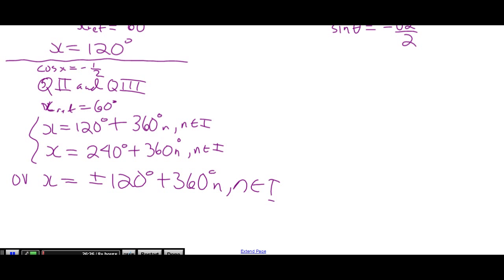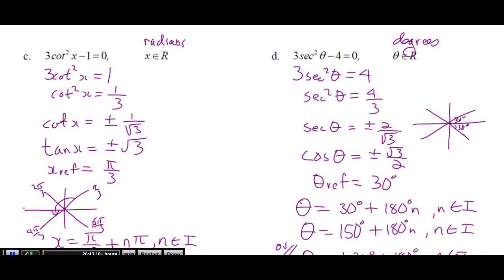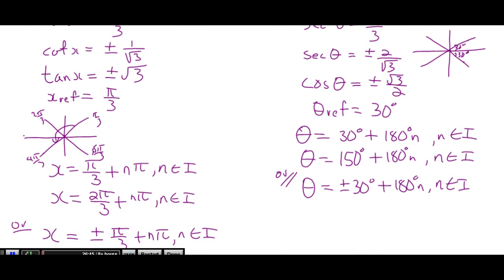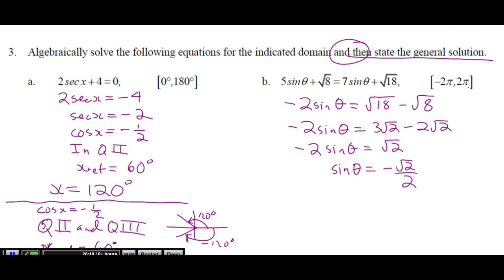So if you sketch it out, that's 120 degrees, but hey, that's negative 120 degrees. So plus or minus 120 plus 360n. Okay. Then it's similar to what we had in the other two guys here, right? Plus or minus 30, plus or minus. Just make sure it works. Run through a few numbers, just satisfy yourself that you're going to get all the values you want and no values you don't want.